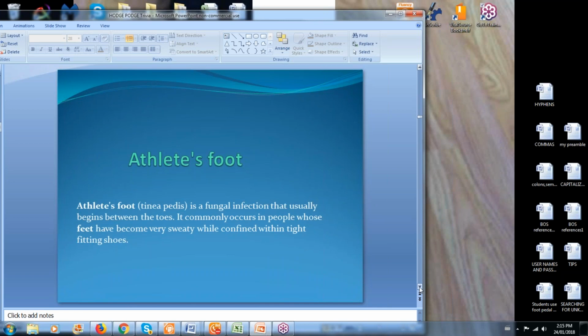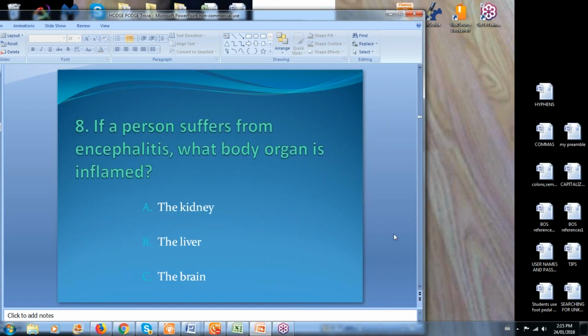Okay, next question is 8. If a person suffers from encephalitis, what body organ is inflamed? Is it A, the kidney, B, the liver, C, the brain?